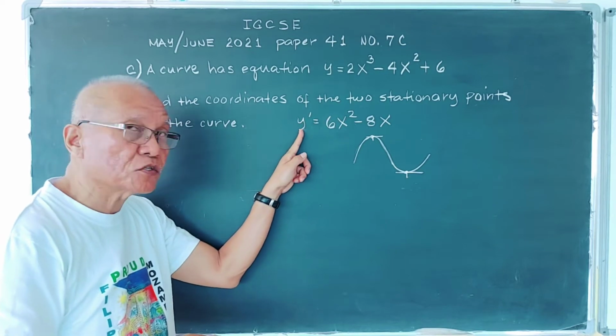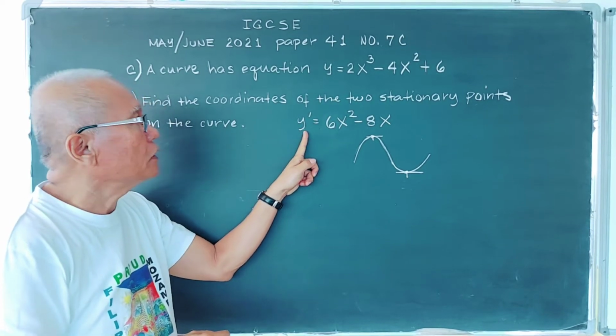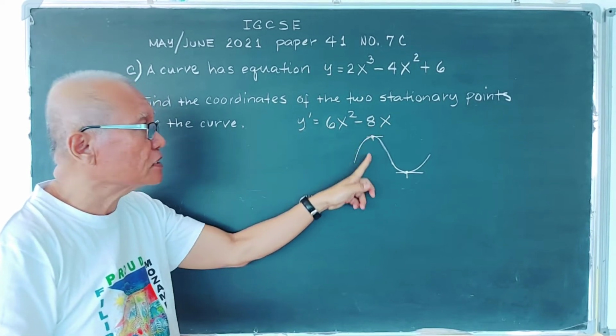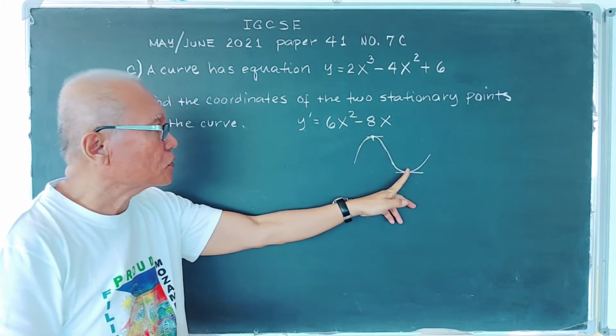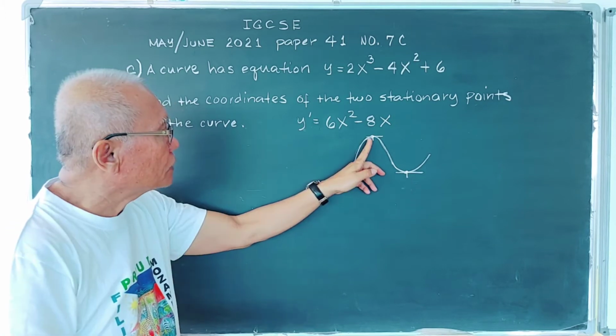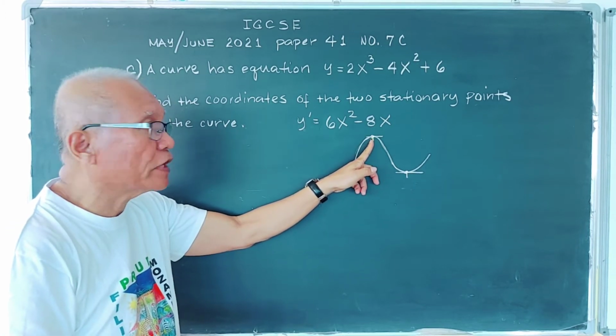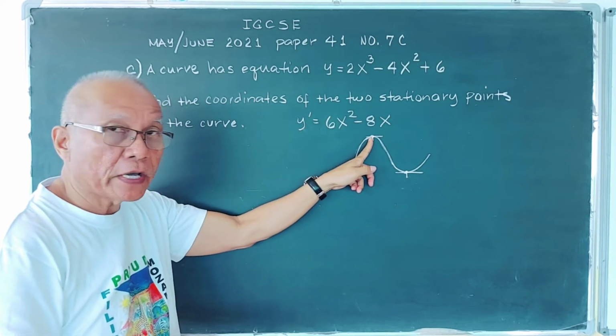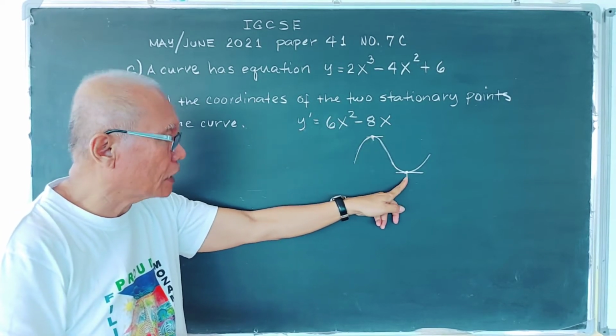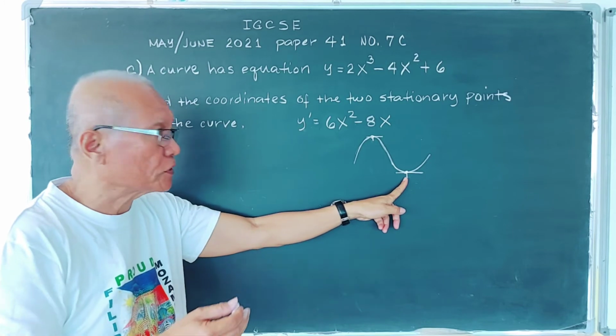If we set this one to 0, then we solve for x, and that is the x coordinate of this one, and then the x coordinate of the second one. After that, we will substitute the value of x into our original equation for the y coordinate, and the other one for the y coordinate also.